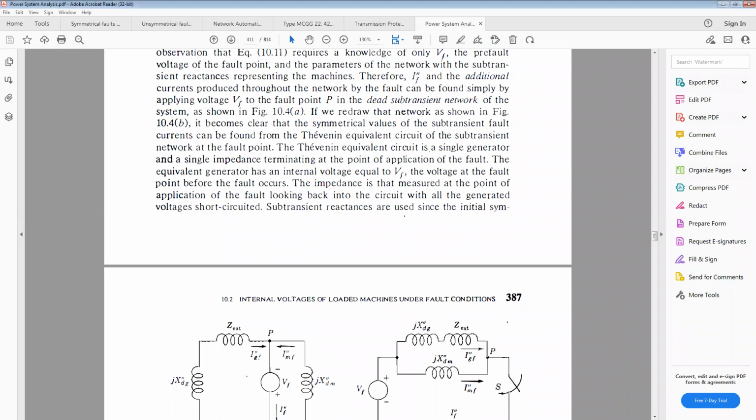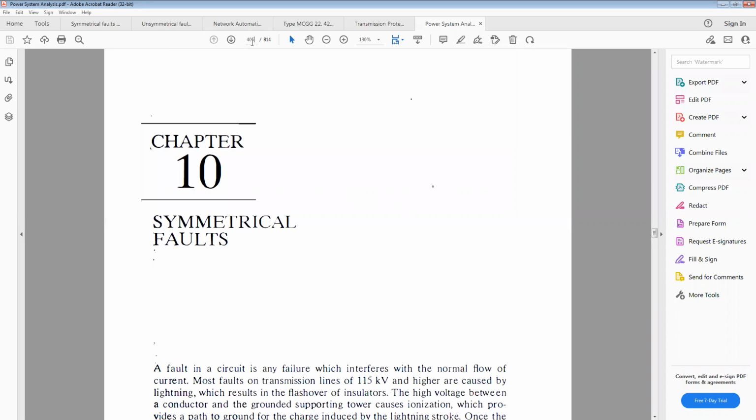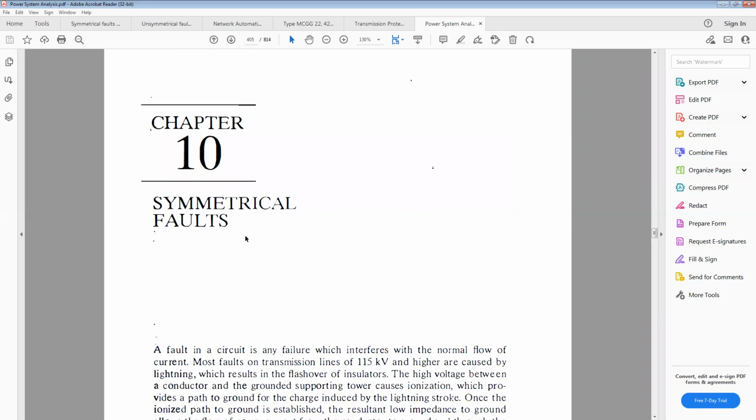Hello. Okay, today I'll be talking just the guidance how to do fault current studies. So this is the typical book which details about fault studies or analysis. If we go to page 405, it takes you to the symmetrical fault studies.